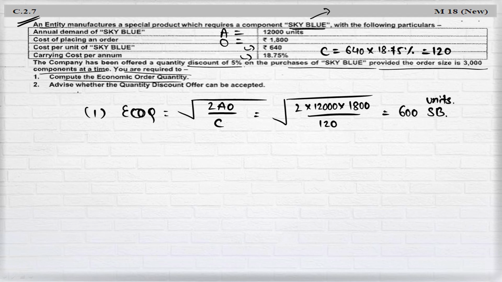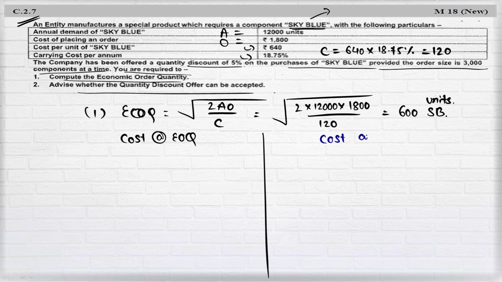Compute whether the quantity discount can be accepted or not. For discount, we will be finding out the cost at economic ordering quantity, and also the cost if your order size is 3000 units. Cost at EOQ: purchase price, ordering cost and carrying cost.